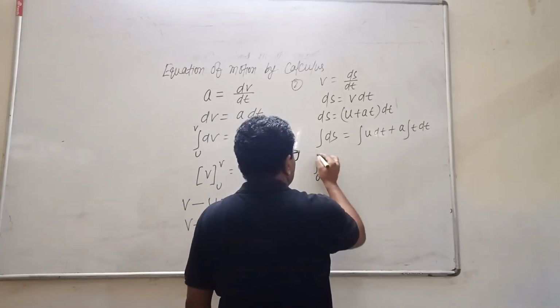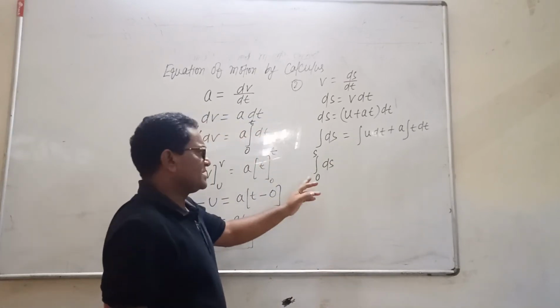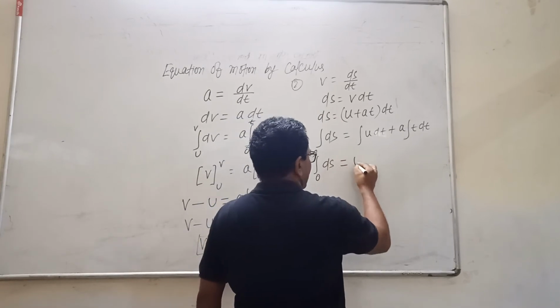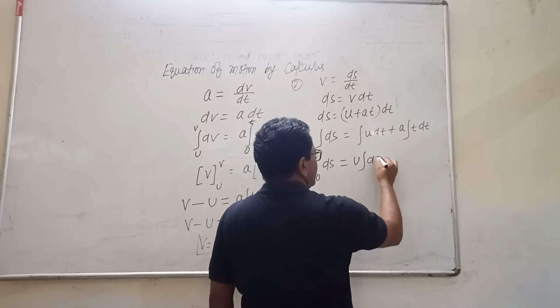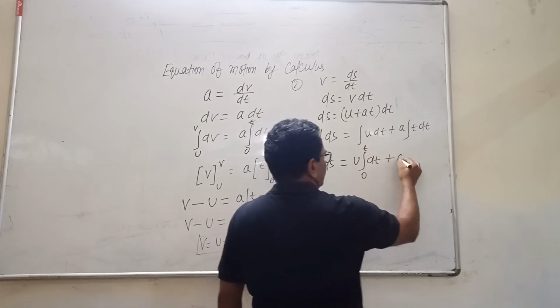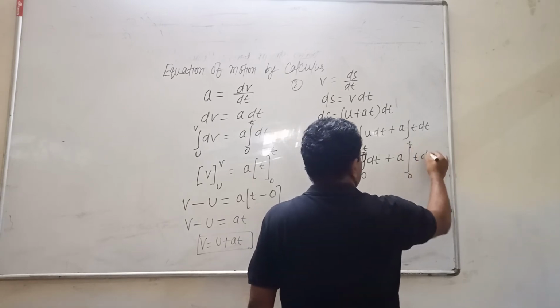Integration of ds, limit 0 to s, lower distance 0, upper distance s, u taken outside, initial velocity, this is also constant, and dt, limit for time 0 to t, and plus a, limit 0 to t, and this is t dt.